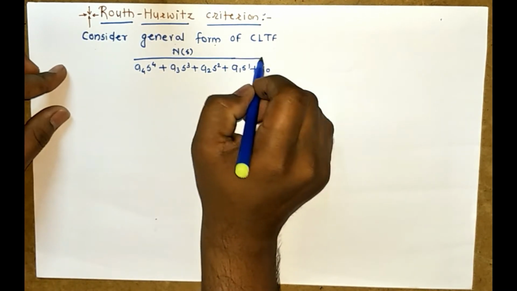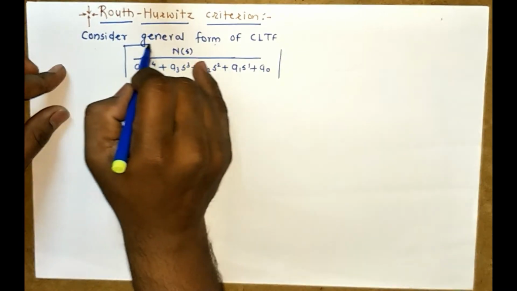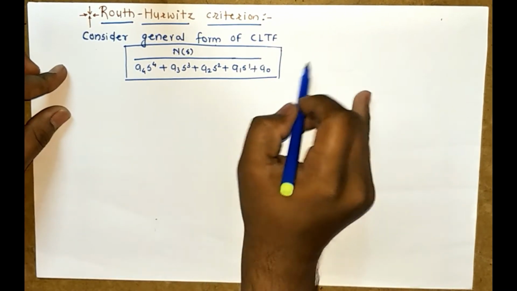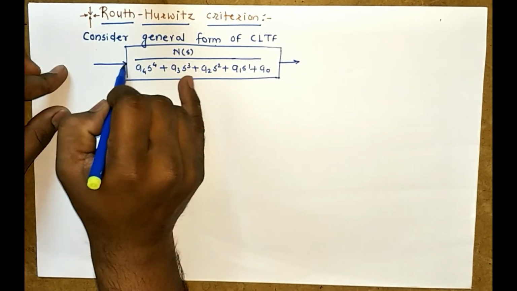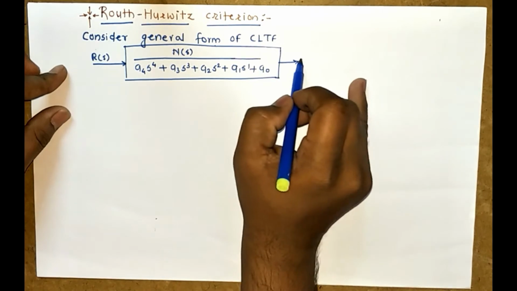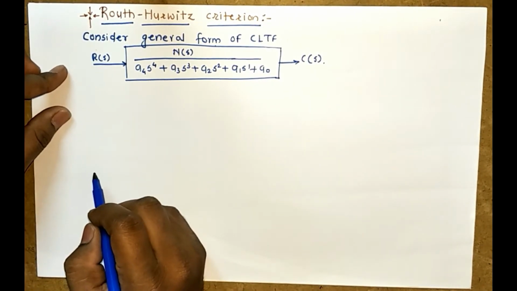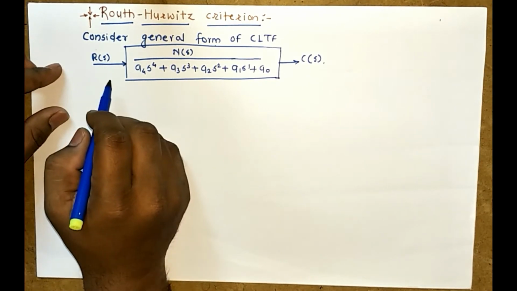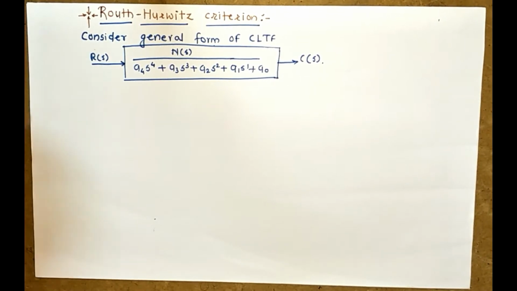This is the fourth order characteristic equation at the denominator. Input is R(s), output is C(s). For this closed loop transfer function, we have to apply the Routh-Hurwitz criteria and find out the stability of the system.